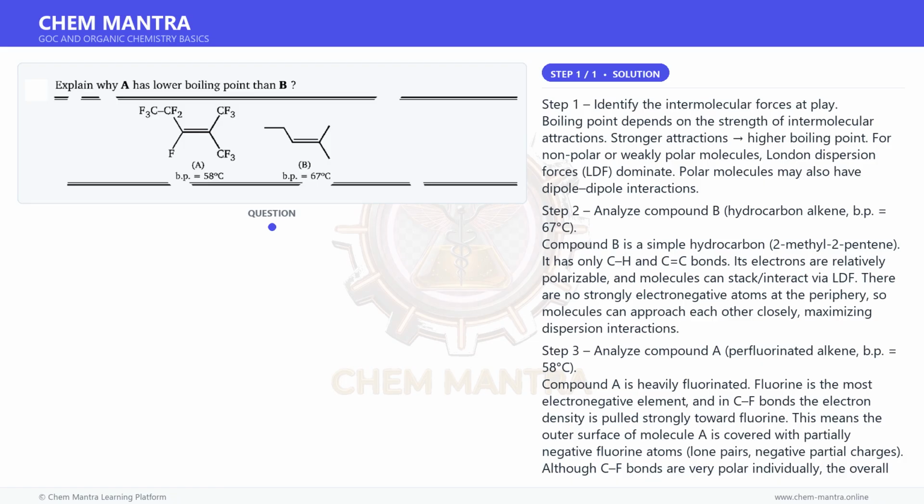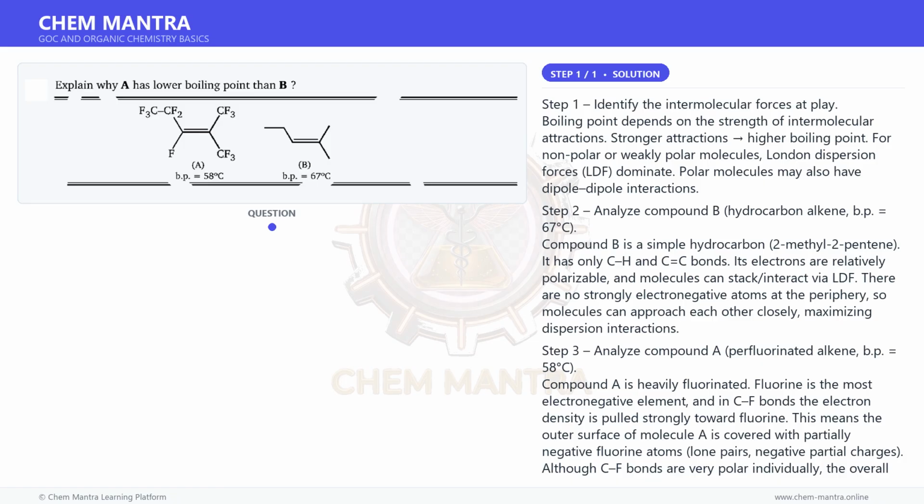Step 3. Analyze compound A, perfluorinated alkene, BP equal to 58 degrees Celsius. Compound A is heavily fluorinated. Fluorine is the most electronegative element, and in C-F bonds the electron density is pulled strongly toward fluorine.